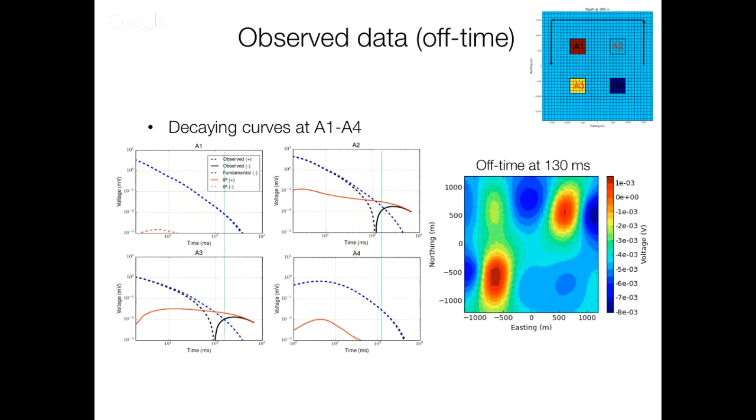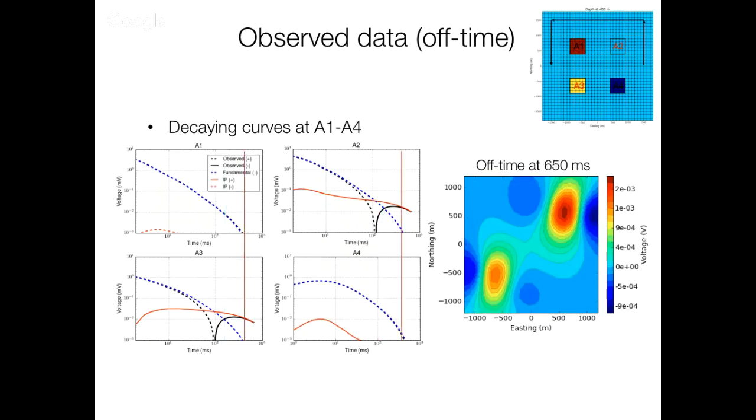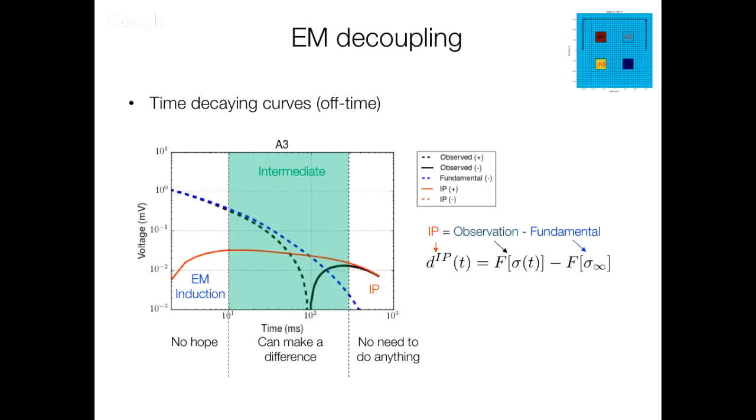And then once we get out to this time, the IP is actually the dominant part of that signal. And out here, the IP is certainly way dominant. So things are changing as a function of time. Initially, at early times, we're just seeing the EM responses. At very late time, we just see the IP responses. And in between, we've got a little bit of both.